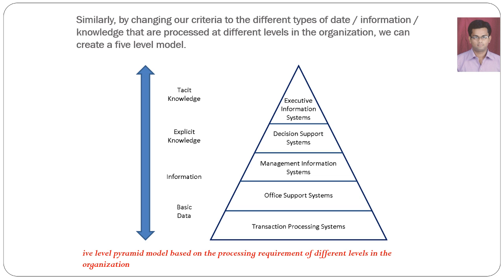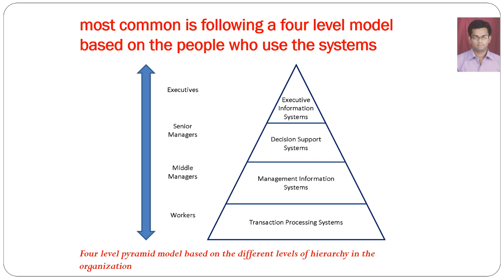Tacit knowledge correlates with the executive information systems, explicit knowledge correlates with the decision support systems, information correlates with management information systems, and basic data correlates with transaction processing systems. The 5-level pyramid model is based on the processing requirements of different levels in the organizations. So office support systems and decision support systems are the two additional entities if we compare this setup with the earlier slide and earlier setup.